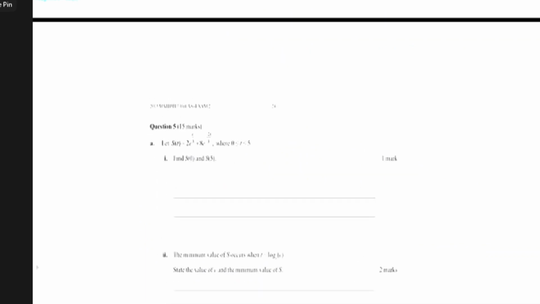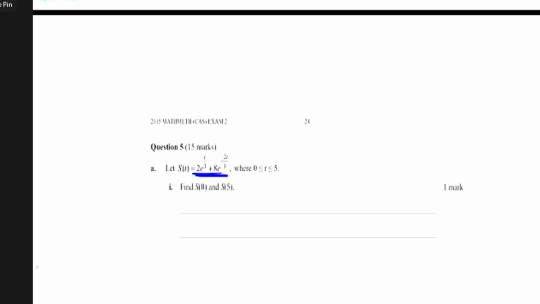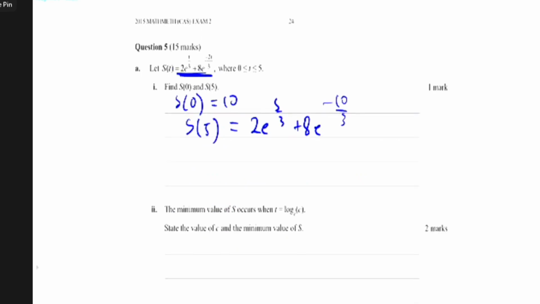Okay. Question 5. So simply I just defined this on the CAS. S of 0 is 10, S of 5 is 2e^5/3 plus 8e^(-10/3). The minimum value is happening when t is equal to ln c.